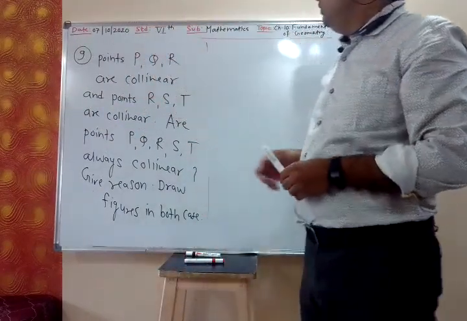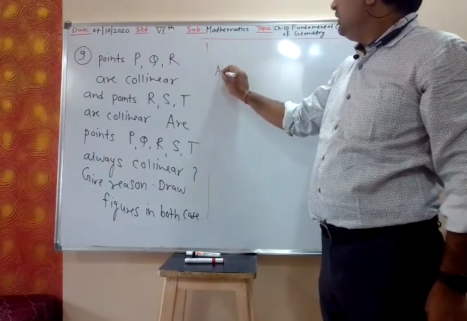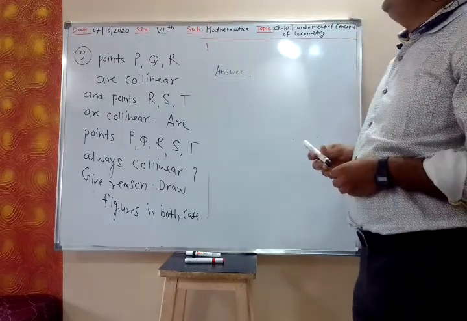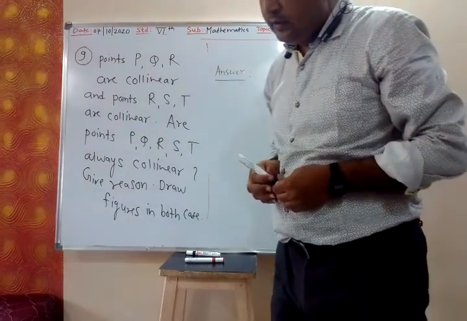So now, let us write the answer. First we have to understand this question. Points P, Q, R are collinear and points R, S, T are collinear.